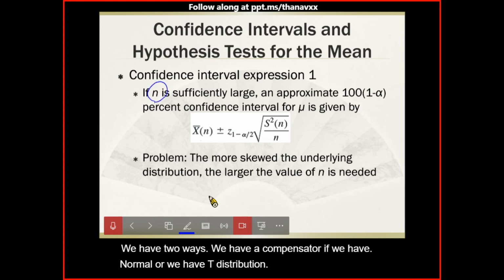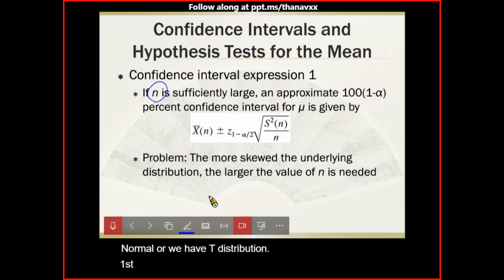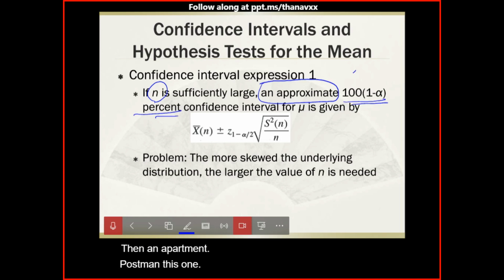Well, first of all, n, the sample size, is sufficiently large. Then an approximate, for example, 90% confidence interval follows this expression.